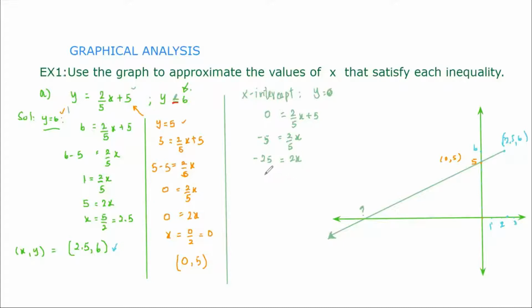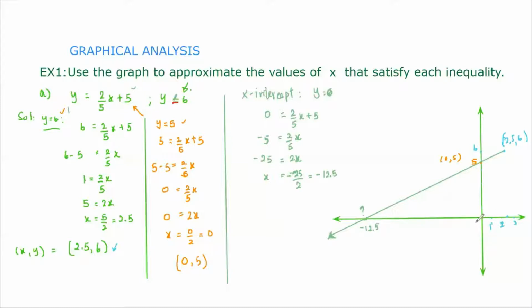What's going to be x equal to negative 25 divided by 2, right? So we got negative 12.5.